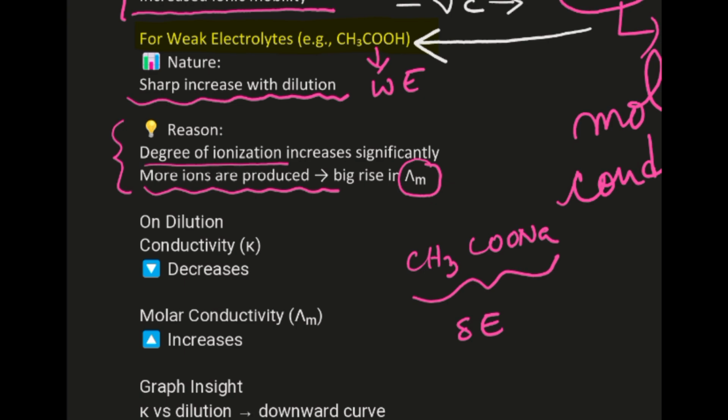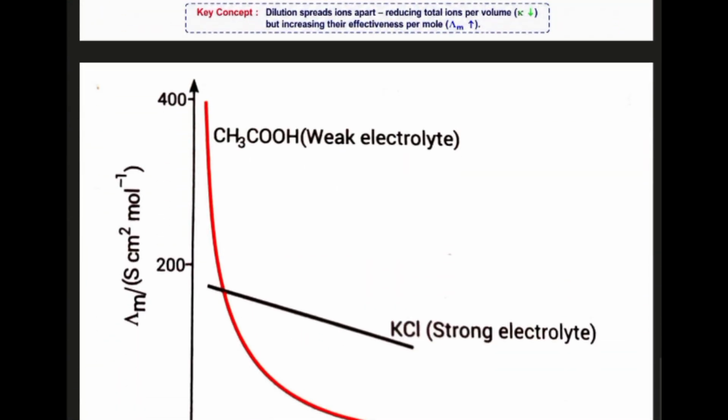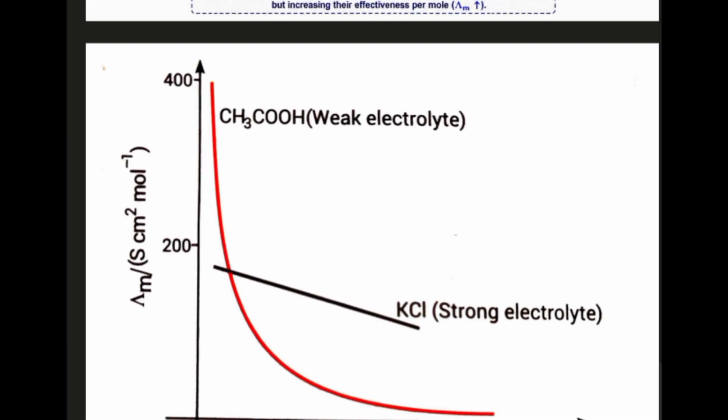So let us see the graph inside what it is. The graph inside says that kappa versus dilution is a downward curve. Let us see what it is. If we see here, for a strong electrolyte KCl, see the nature of the plot.